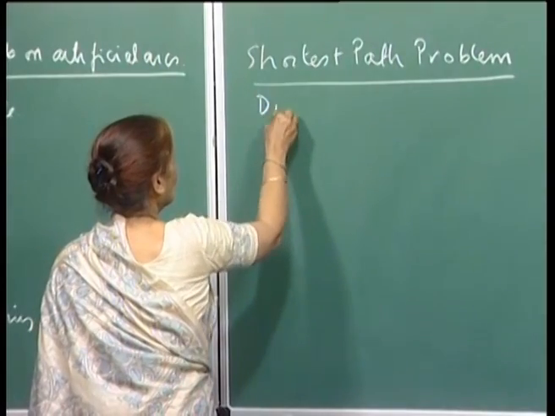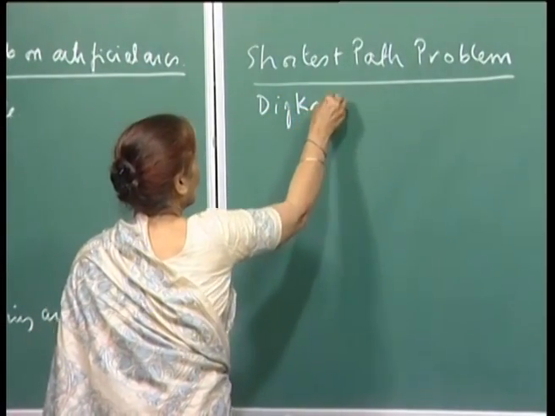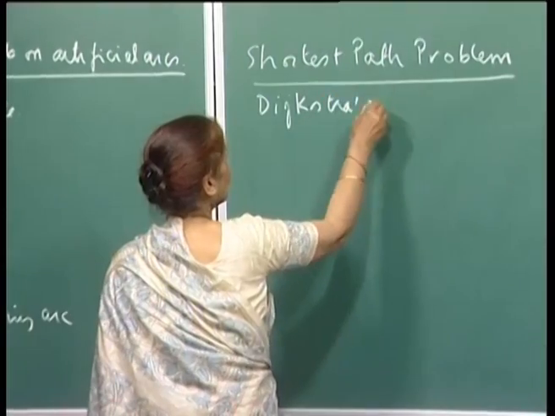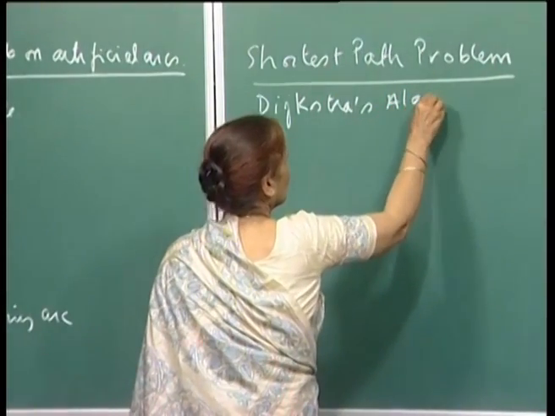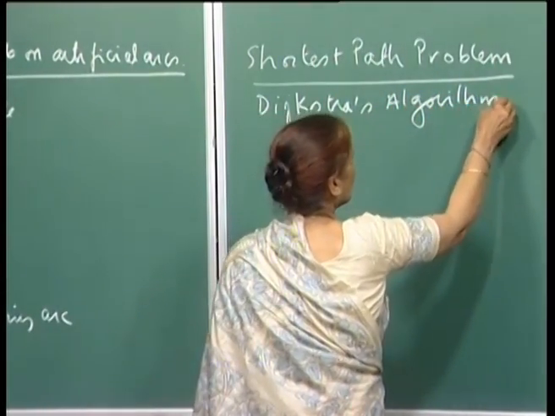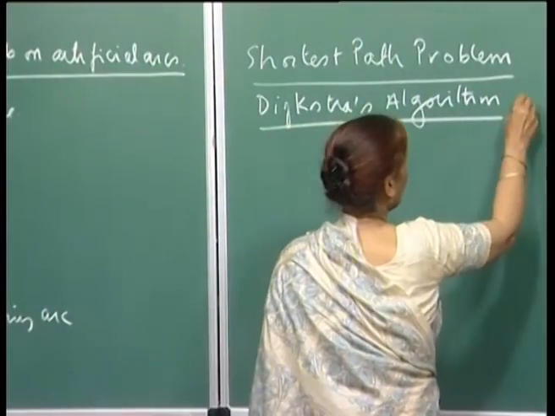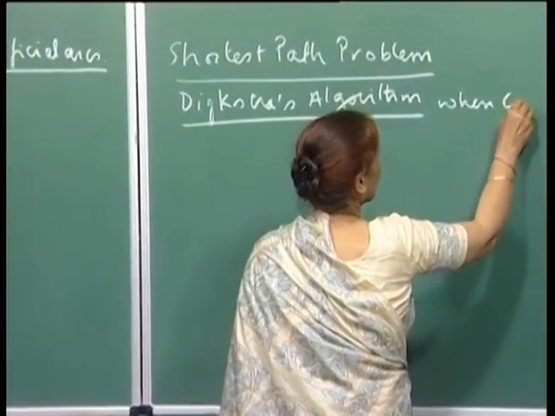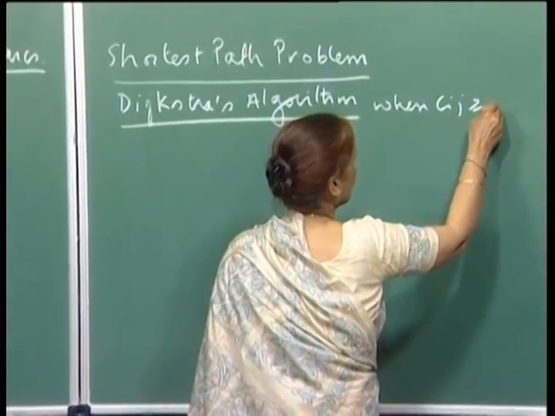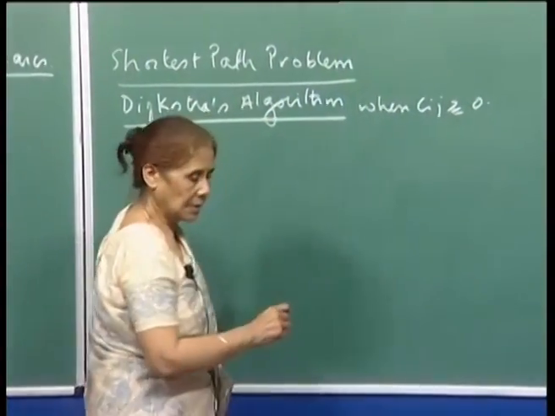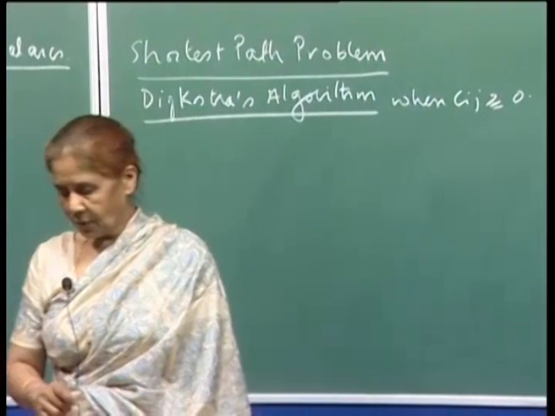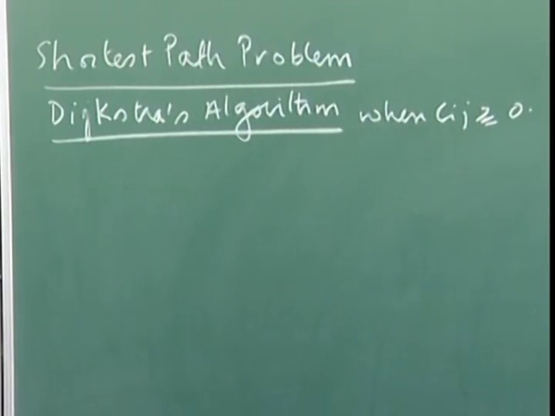This is known as Dijkstra's algorithm, when the Cij's are greater than or equal to 0. This is a special case, which means Dijkstra's algorithm will not be valid if some Cij's are negative. Later we will discuss the case when the Cij's can be negative, and we will have another algorithm for computing the shortest path between any pair of nodes.